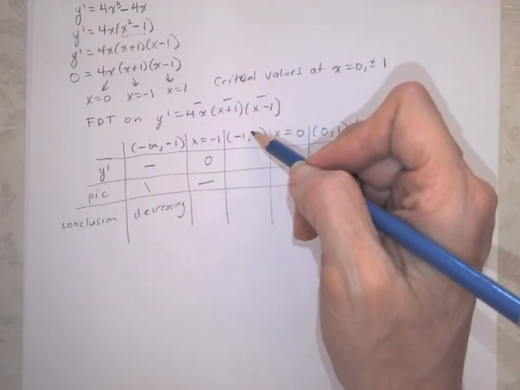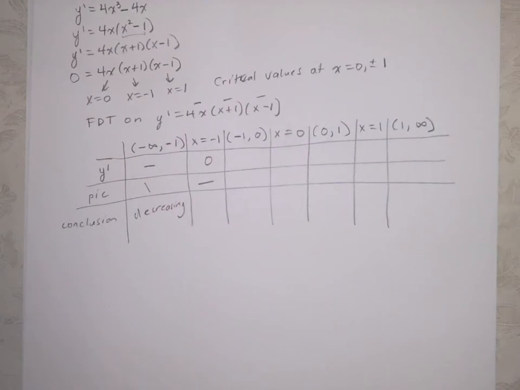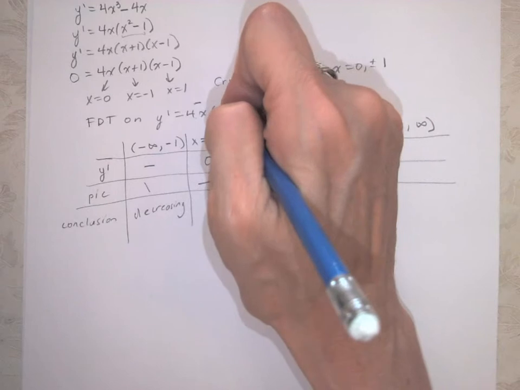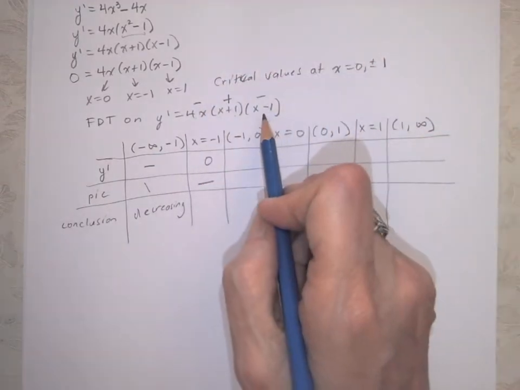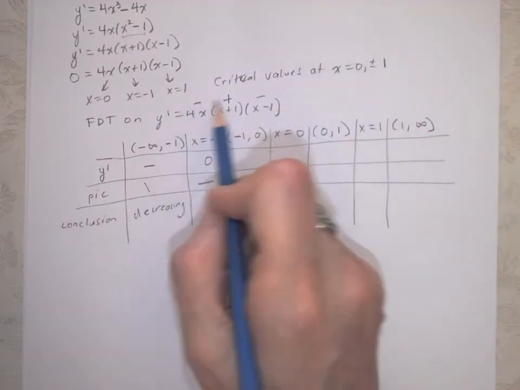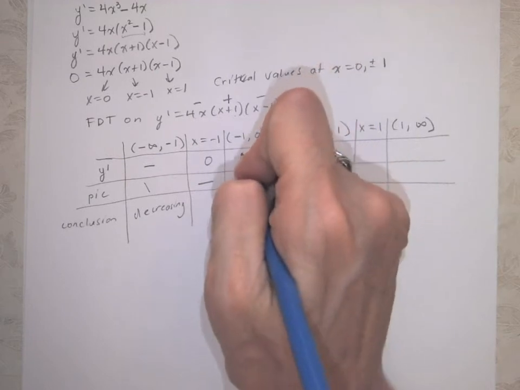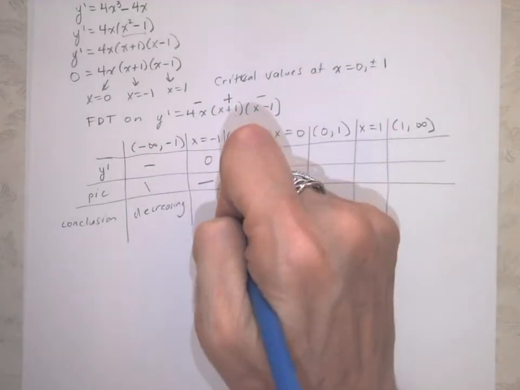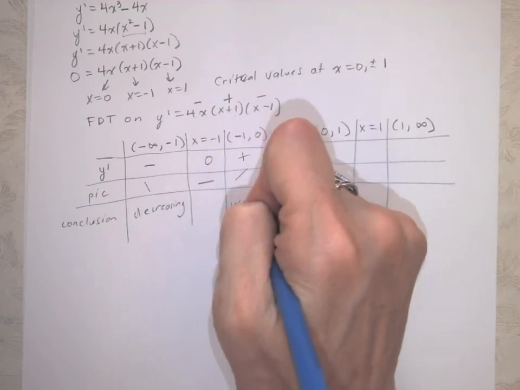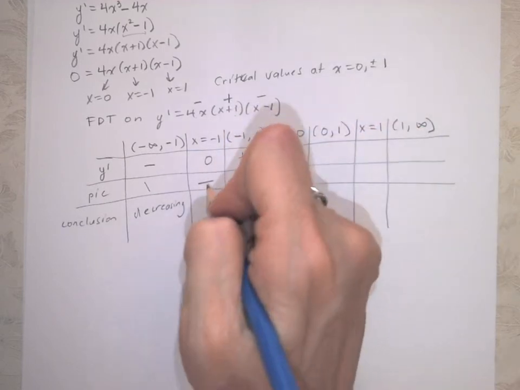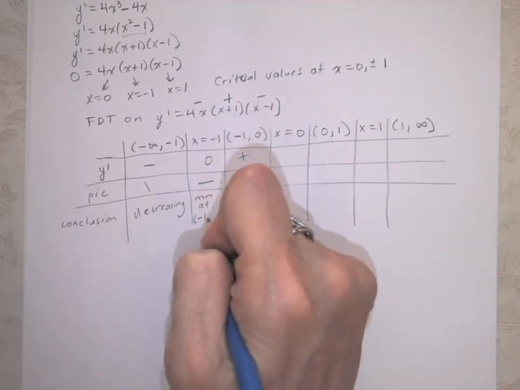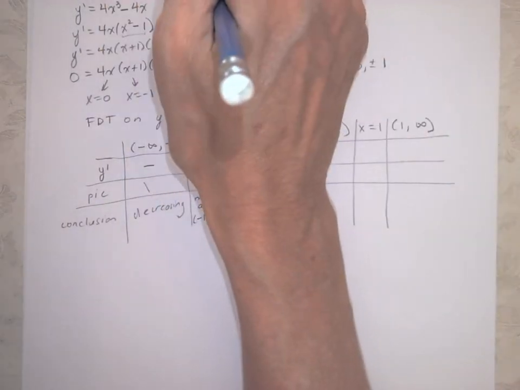So a number like -1/2 would fit between -1 and 0. 4x is still negative, but x + 1 is positive, and x - 1 would still be negative. So that's going to give me an overall positive. 2 negatives make a positive times a positive, so I'd be increasing, which makes this a local min at -1.